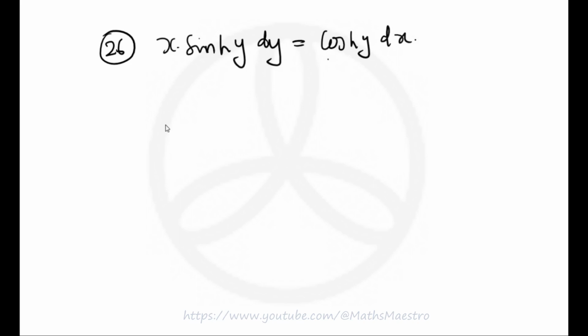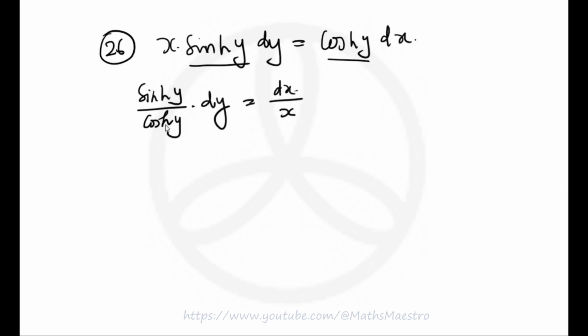Question number 26 is given here. It is not very difficult. I would say this is quite easy to do. We have to do a variable separable here. Cos, we will bring this side and put it in the denominator of this fraction and write dy, and x we will take this side and put in the denominator with dx.